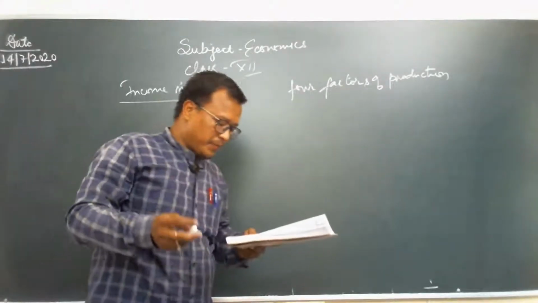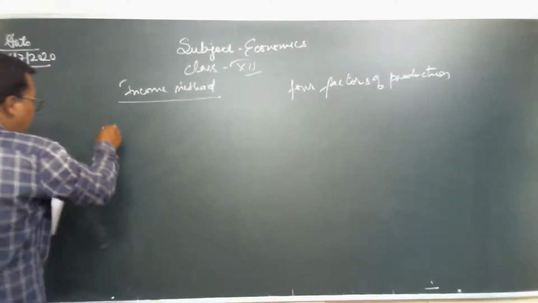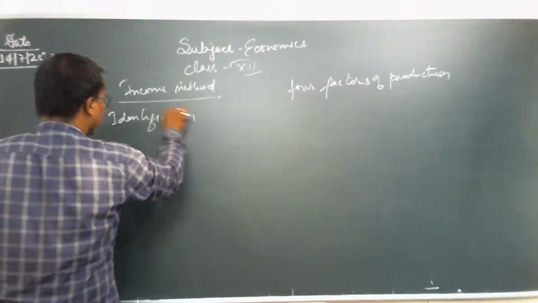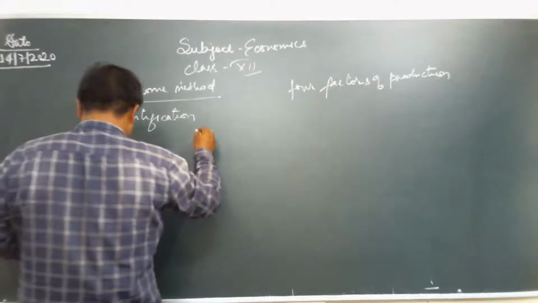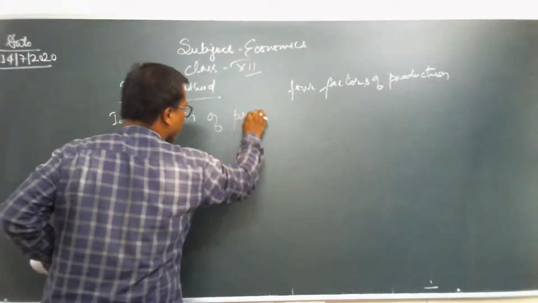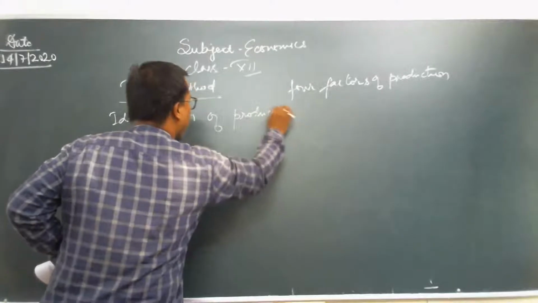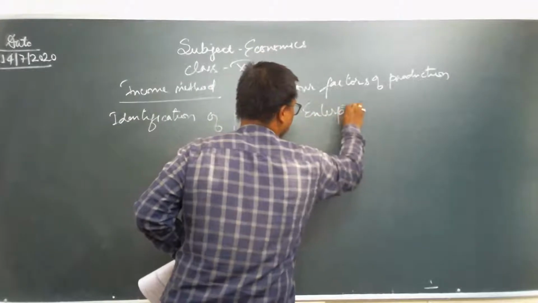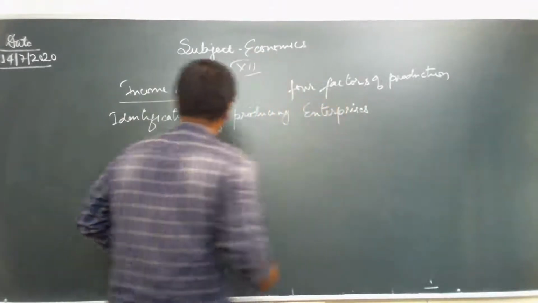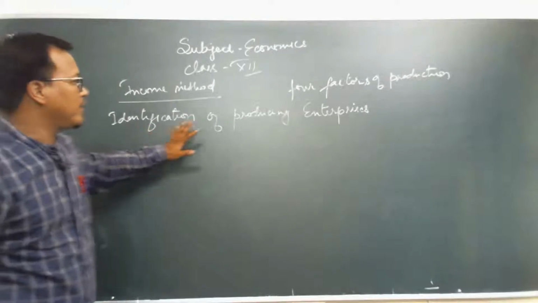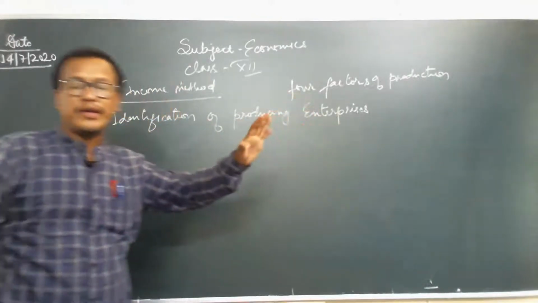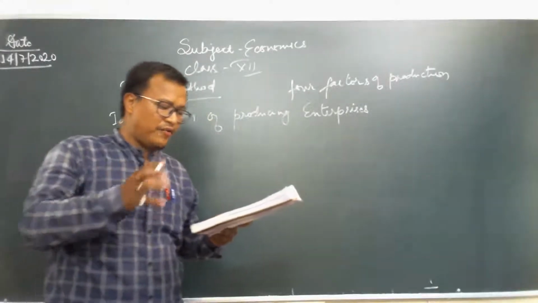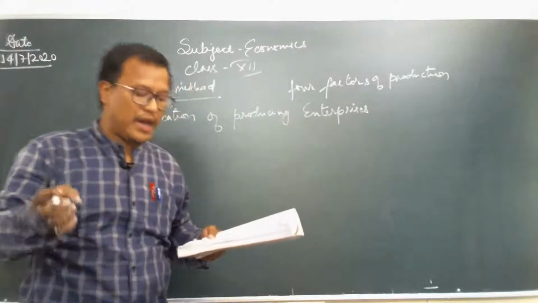First step is identification of producing enterprises. So first we have to identify the producing enterprises. The producers employ factors of production like land, labor, capital, and entrepreneur.